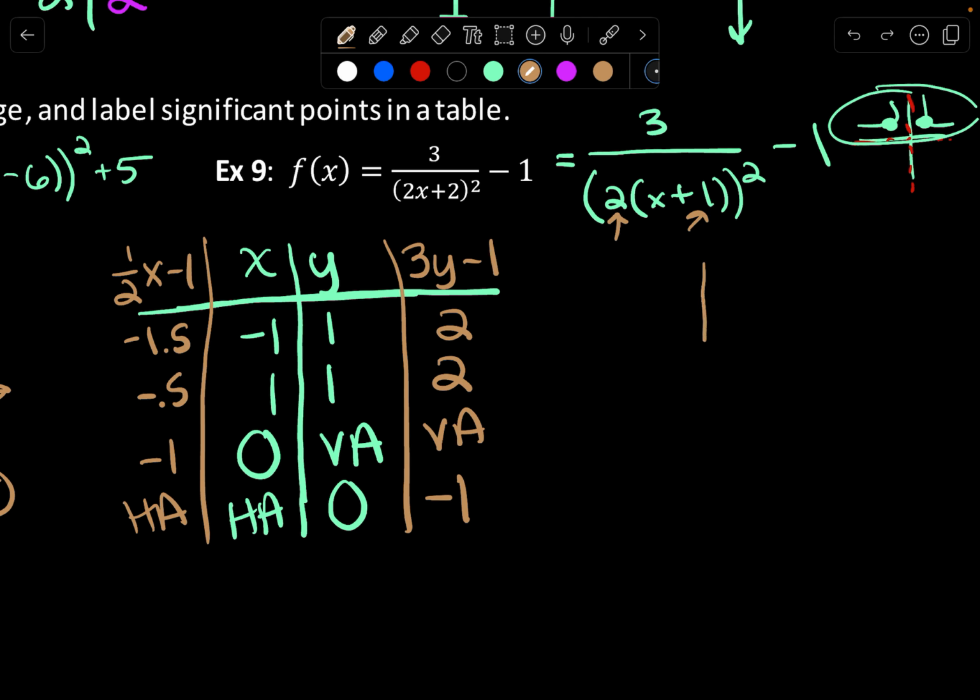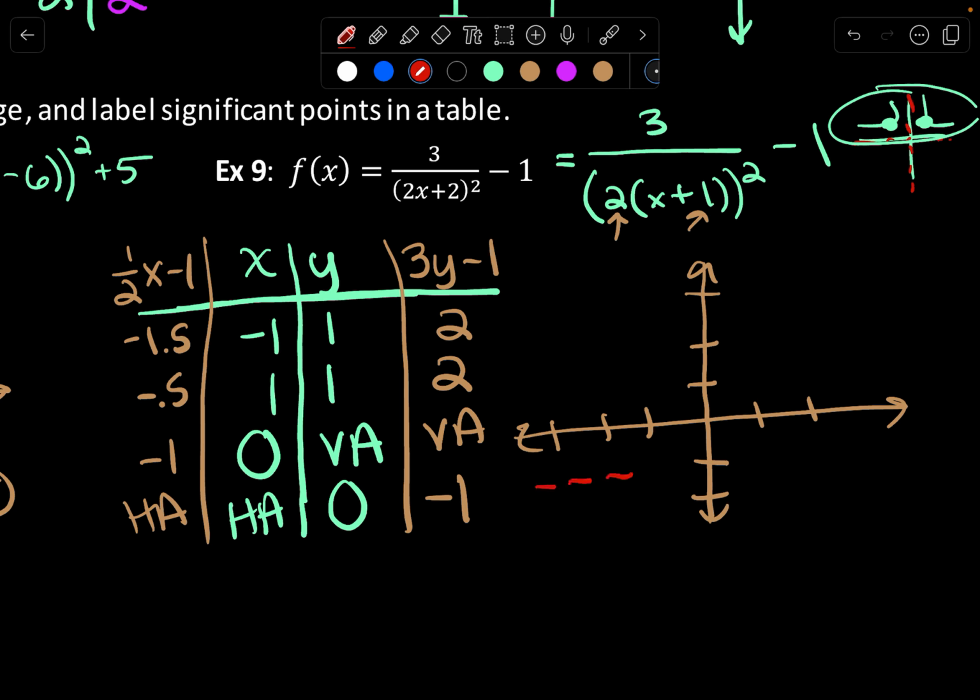So graphically, let's start with the asymptotes. I'll get some ticks on there. 1, 2, 3, 2, 3, and then 1, 2. So our horizontal asymptote is at -1.